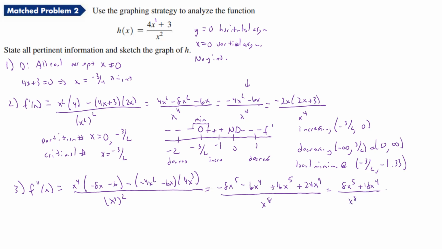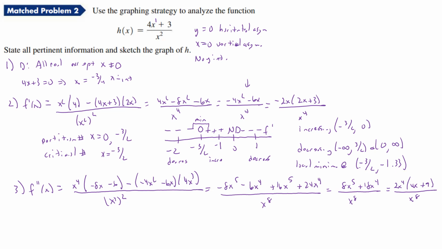All right, so now, once again, I think I'll factor. And what can I factor out? It looks like a 2x to the fourth times what? A 4x, and then plus 9, all over x to the eighth. All right, so let's see here.